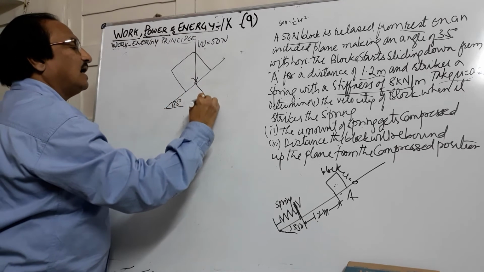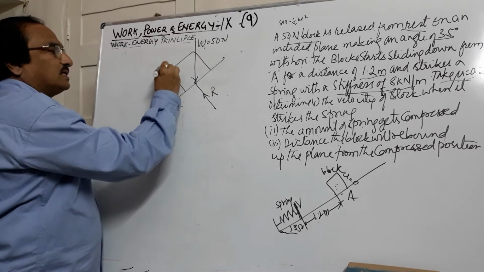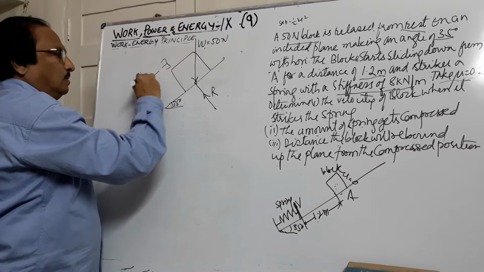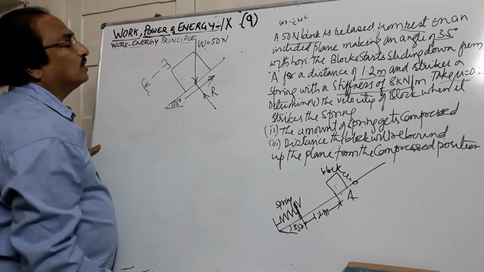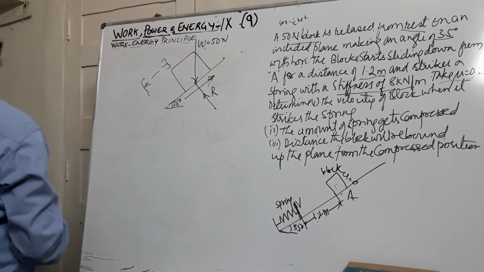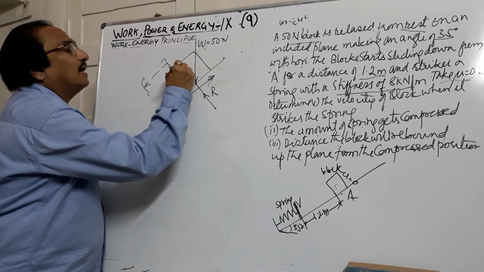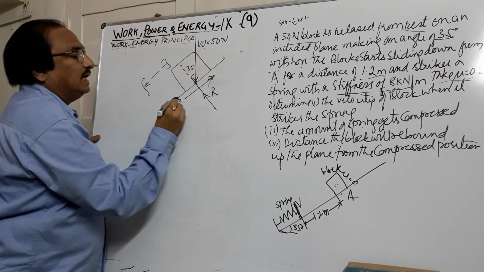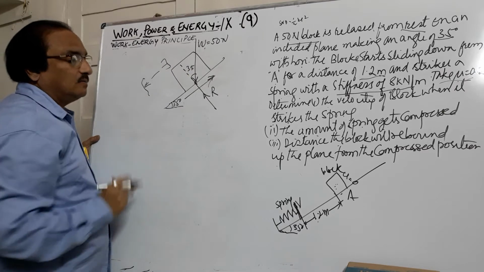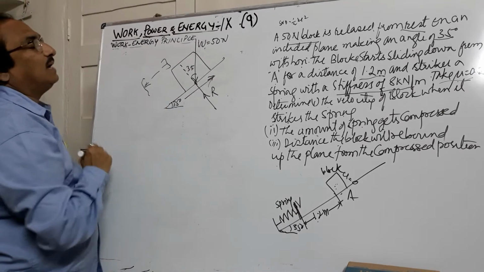So this is the reaction acting, R. The block is sliding down, so the friction will be acting in the upward direction. Now this angle will be equal to 35 degrees. Line with horizontal, perpendicular with vertical will give you the same angle.